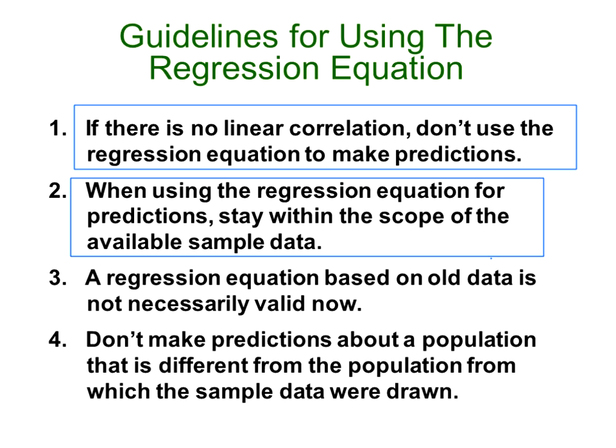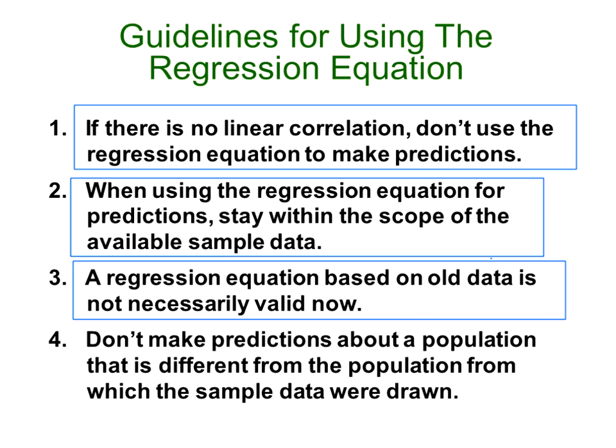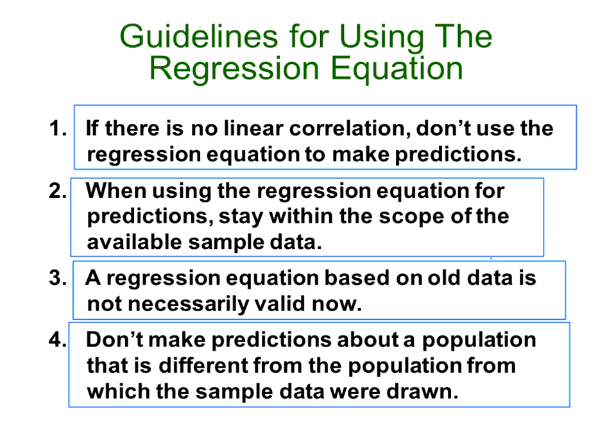And a regression equation based on old data is not necessarily valid now, so you need to make sure the data is current. And we're never making predictions about a population that is different from the population from which the sample data were drawn. So the prediction that's being made is based on the sample data that we're looking at, and it's only for that population.